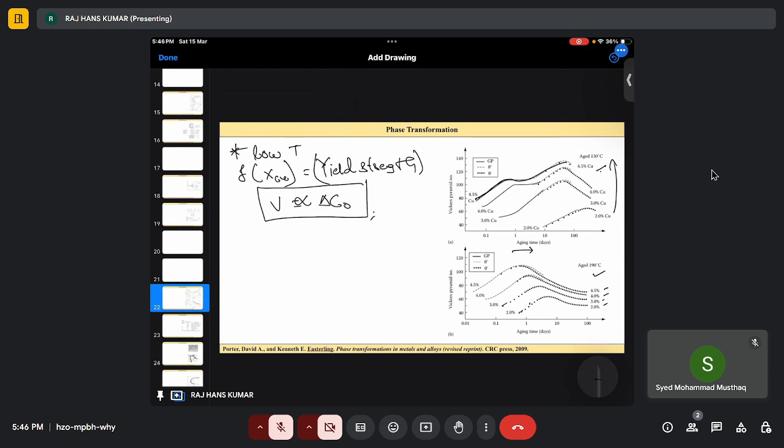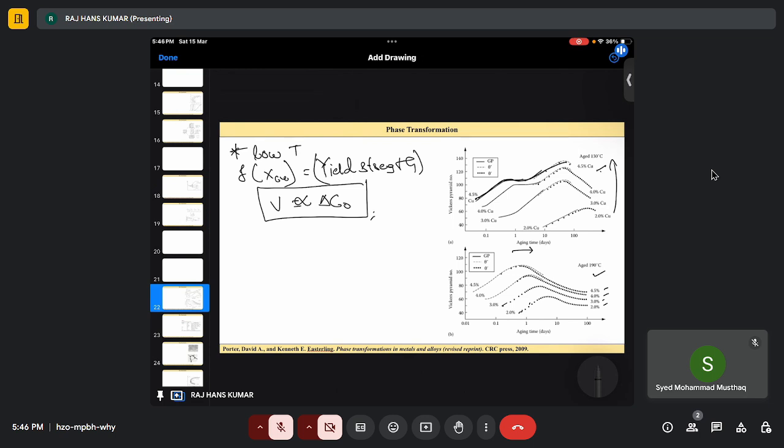Because the composition of GP zones is very high, the number of GP zones is low. When you go from GP zones to theta prime, because the composition is decreasing, the number of precipitates will also increase. Because of that increase in precipitates, there is an increase in yield strength.